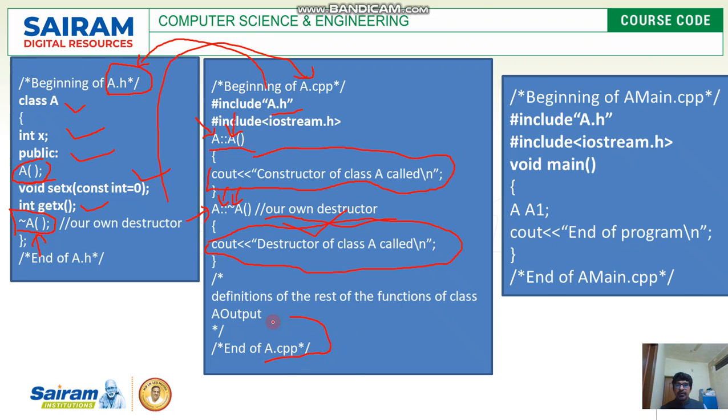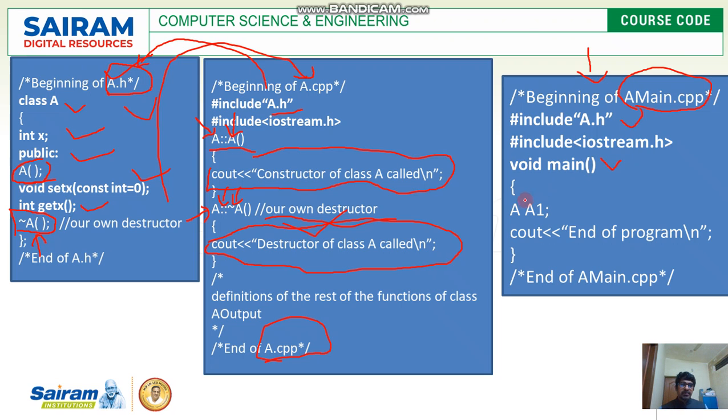This is my a.cpp file, this is my source file, and this is my header file. This will be done by the library programmer, and we'll come to the application programmer, where he is going to take a file and name it as your file name .cpp, and we have to include the header file and start with void main.